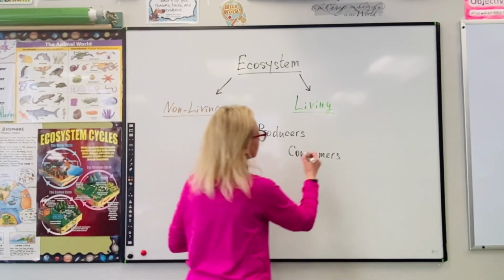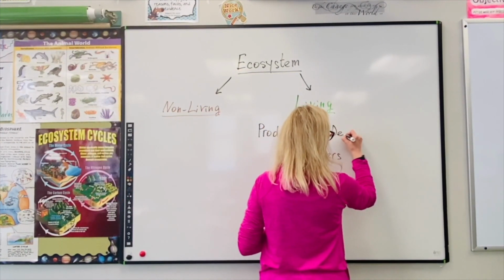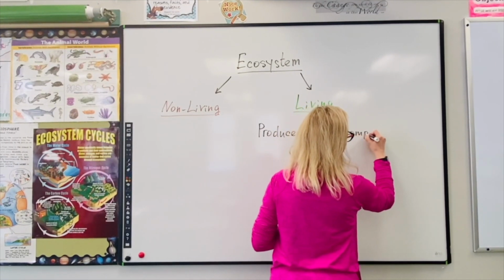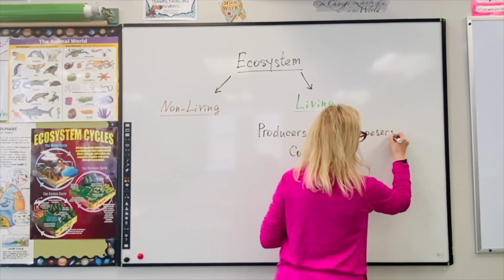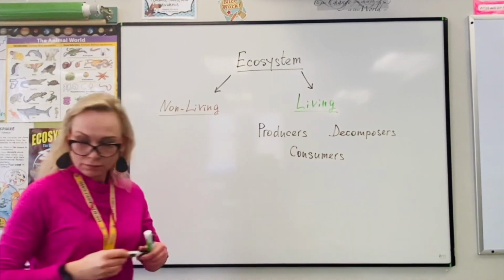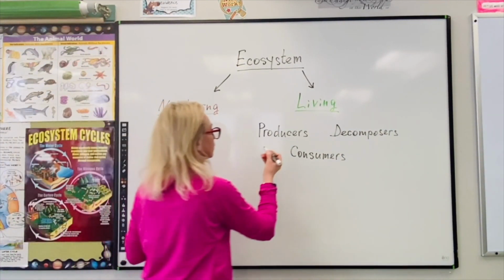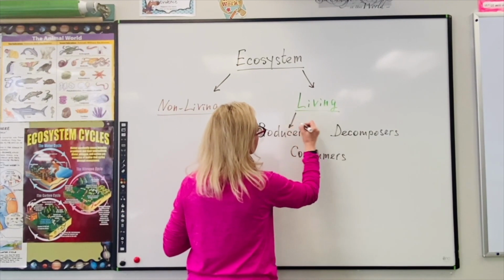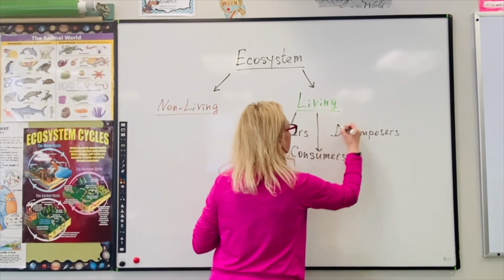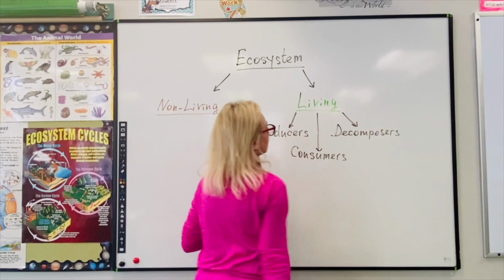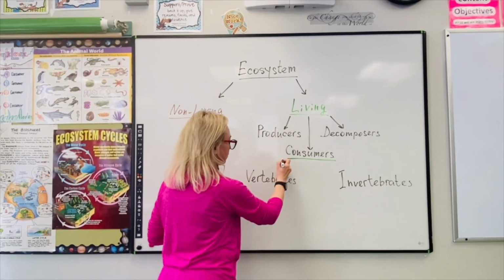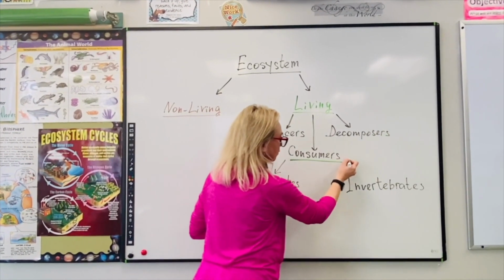So in order to survive, they need to eat producers or other consumers. And finally, decomposers. Decomposers are living organisms which break down dead organisms into elements and return them back to the ecosystem.